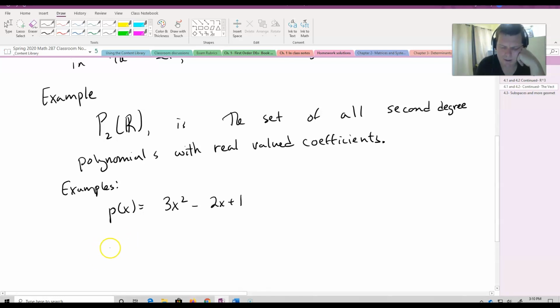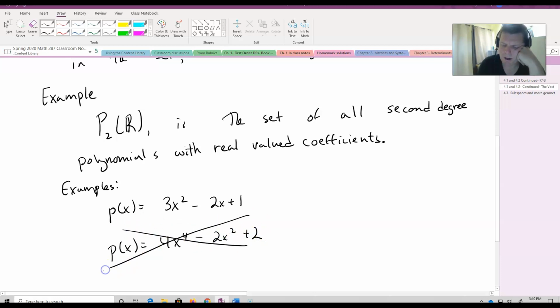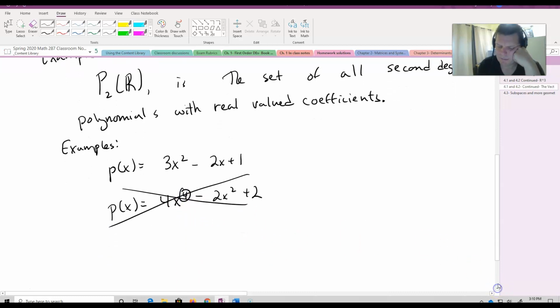So that one works. P of x equal to 4x to the fourth minus 2x squared plus 2 is not in P2(R) because that is a fourth degree polynomial, okay? So that's not in there. Now this one, P of x equals 2x plus 1, well, that actually is in P2(R).